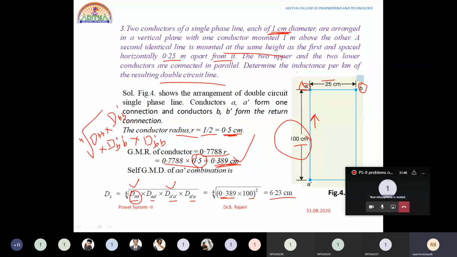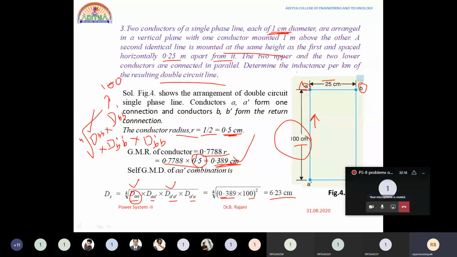This is the value for DBB, and DB dash B dash is also the same value. And DBB dash, these are parallel to each other, so the same distance as at the top. DAA dash equals DBB dash equals 100 itself. This is of value 100, and this value is also 100.